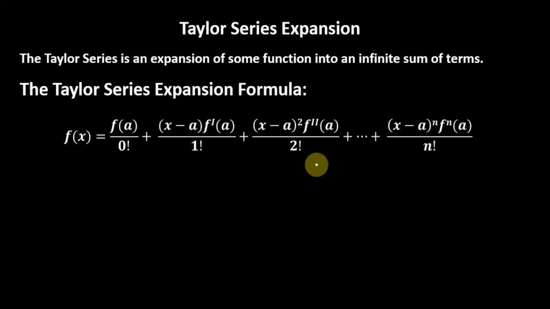And by now you get the sequence guys, or the pattern for the Taylor series expansion formula. The next one would have been (x minus a) in bracket raised to the third power times the third derivative of f of a over 3 factorial. And we can have an infinite sum of terms guys. So that's why we have the three dots here to show that it continues.